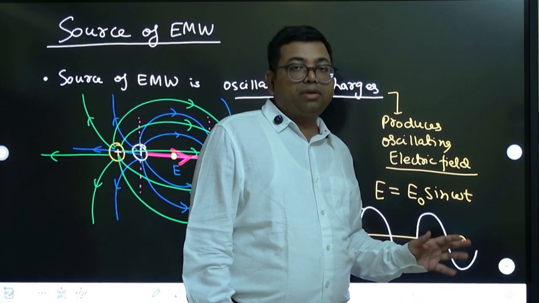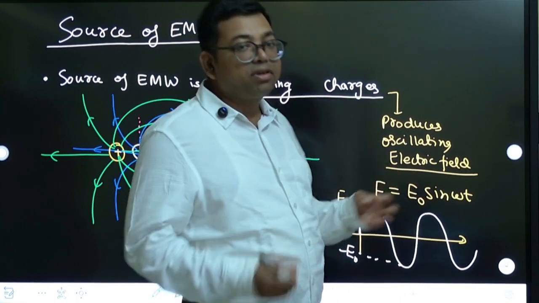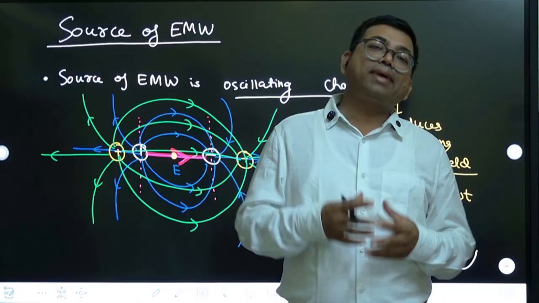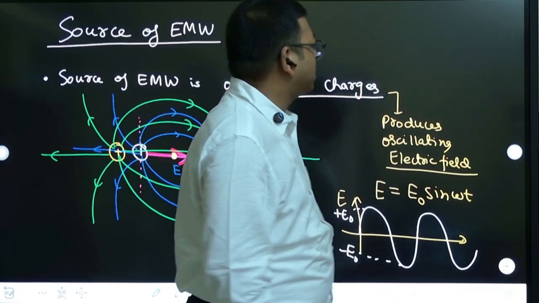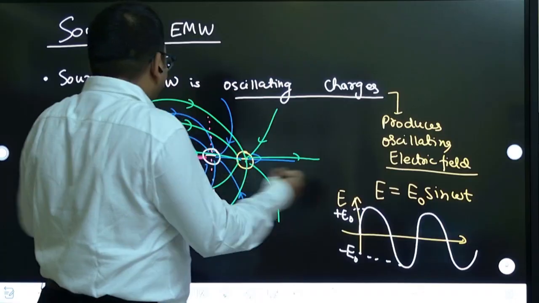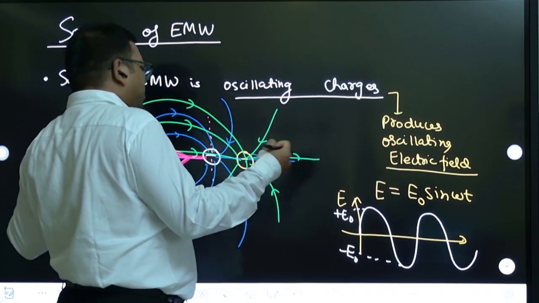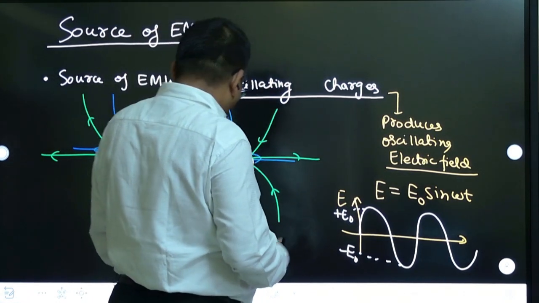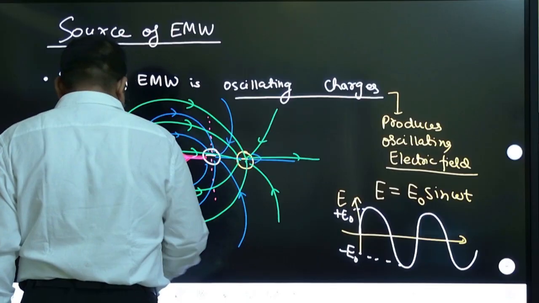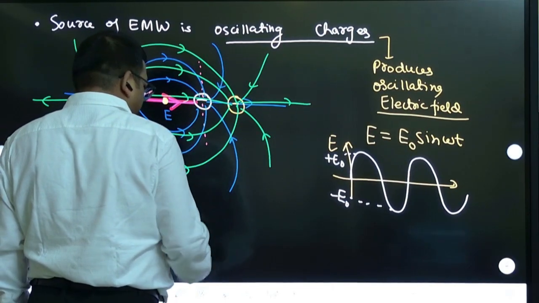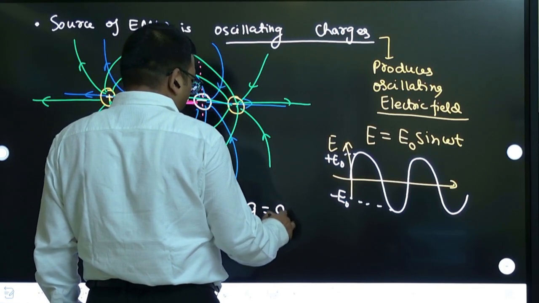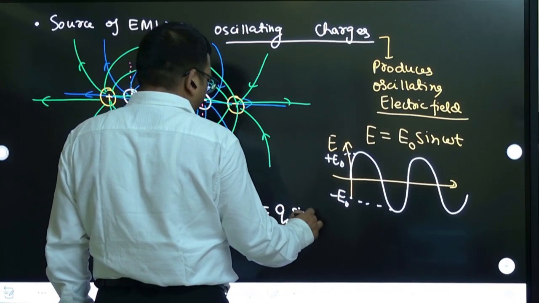But when we say charge oscillating, definitely charges are moving, or you may also say the value of charge is oscillating. Physically the charge may move, or the charge can vary sinusoidally, like q sine omega t.